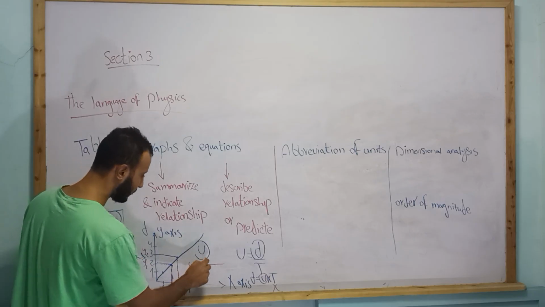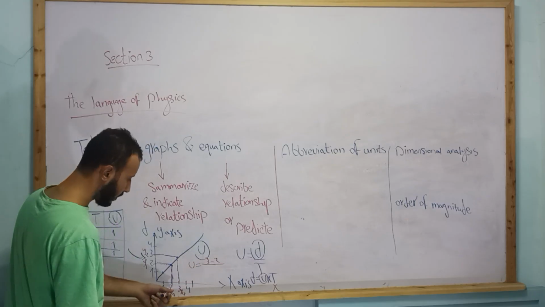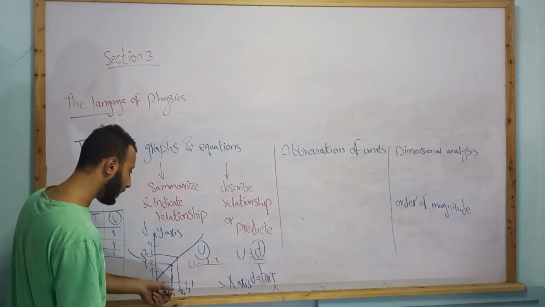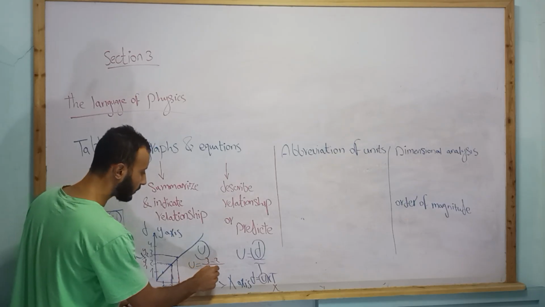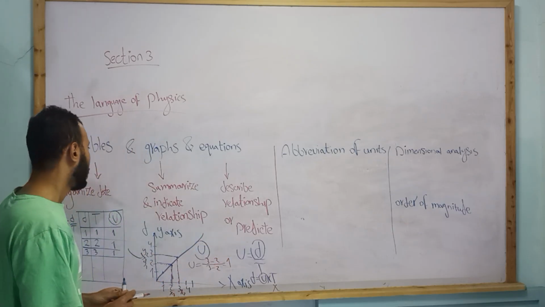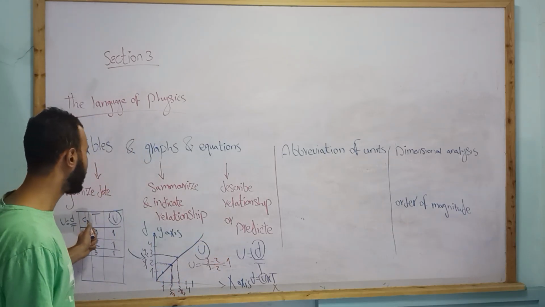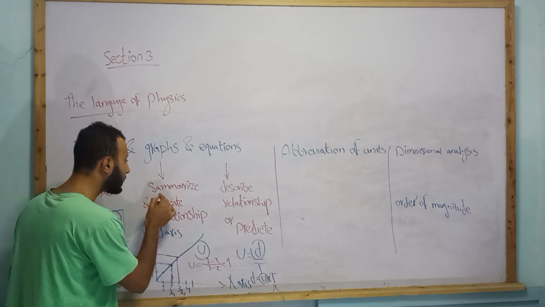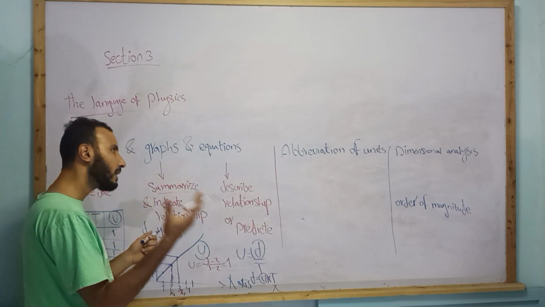So y2 minus y1, 3 minus 2, over x2 minus x1, also 3 minus 2, equals 1. So right now, tables are for organizing the data, and graphs are for summarizing and indicating the relation.